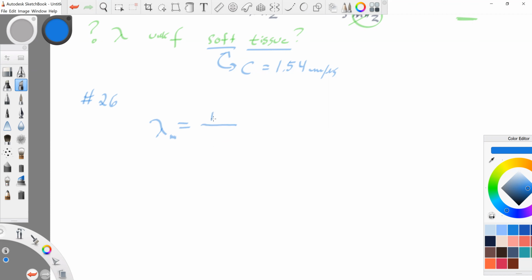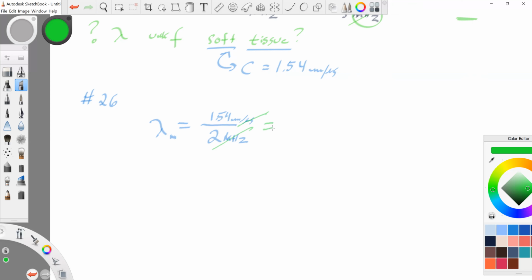Soft tissue is 1.54 millimeters per microsecond, and we said 2 megahertz. Microseconds and megahertz cancel. So it's 1.54 divided by 2.